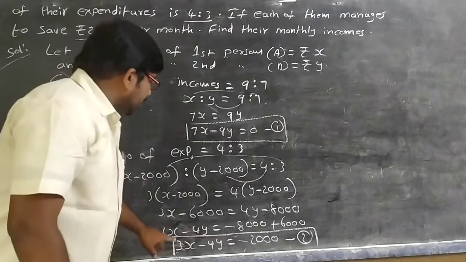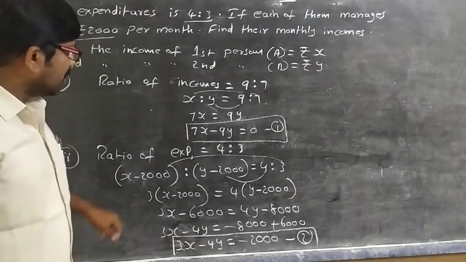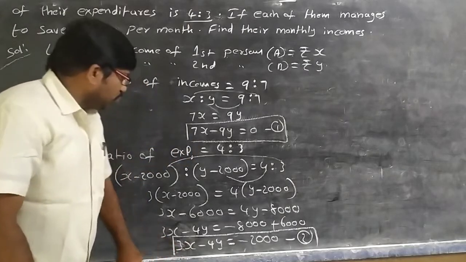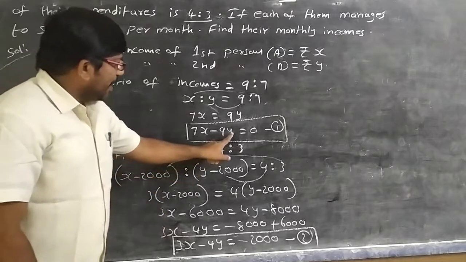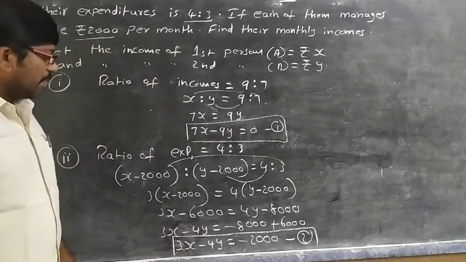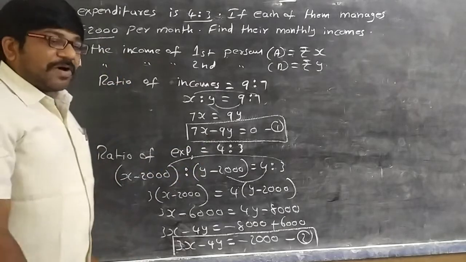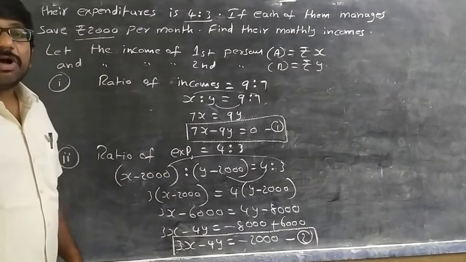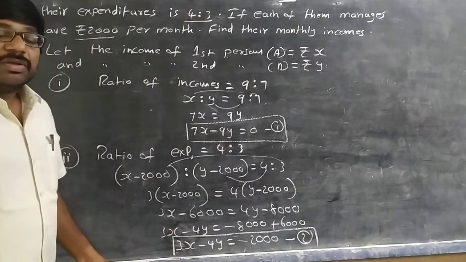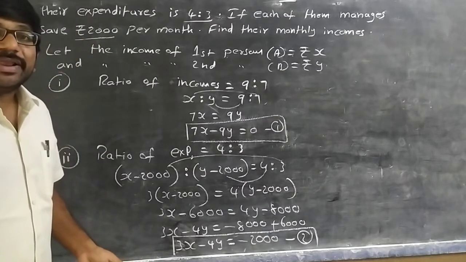By solving these two, we get x value and y value, right? Here x coefficient is 7, here x coefficient is 3, right? Here y coefficient is minus 9, here y coefficient is minus 4, right? So first of all, we make the coefficient of one of the variables numerically equal by multiplying with a suitable real number.